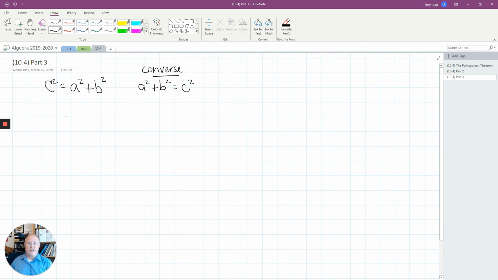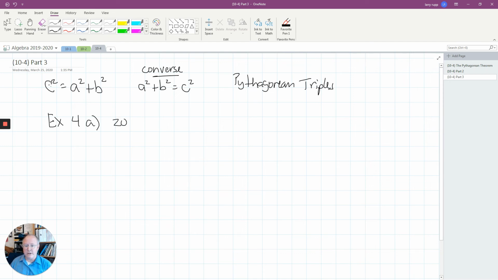We use this to prove whether groups of three numbers are Pythagorean triples. Remember Pythagorean triples from a couple of minutes ago. So we're going to do an example of this. This will be example 4a, and it says determine whether a triangle with these measurements is a right triangle.